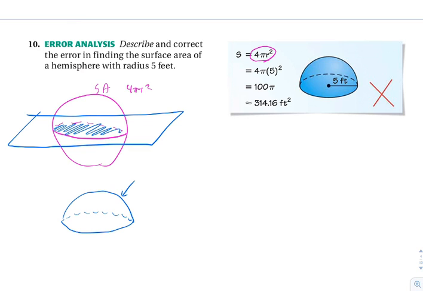Where this part is now 1/2 of 4 pi r squared. So I've got 2 pi r squared, okay? You could kind of think about this as like the lateral area. Although with a sphere, all of the outside is a lateral area. But the difference here is, so you could say, okay, well, the mistake was they should have used 2, right?